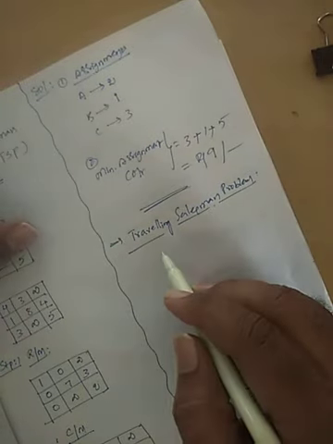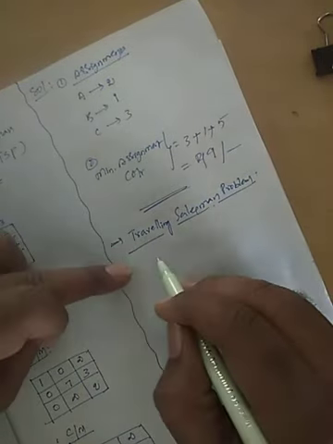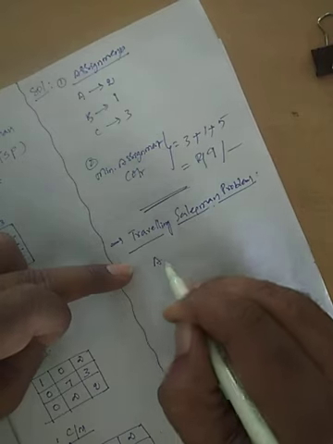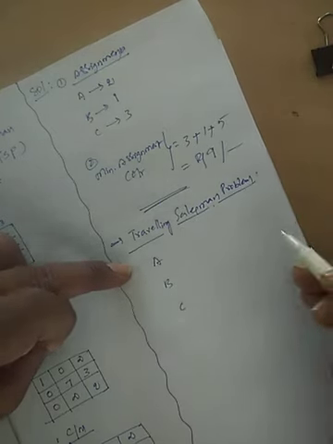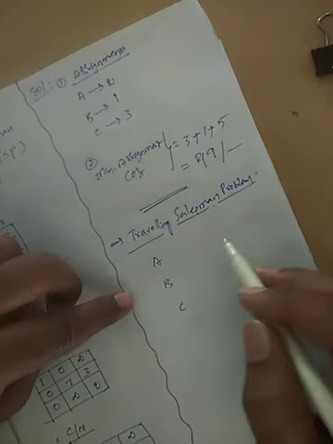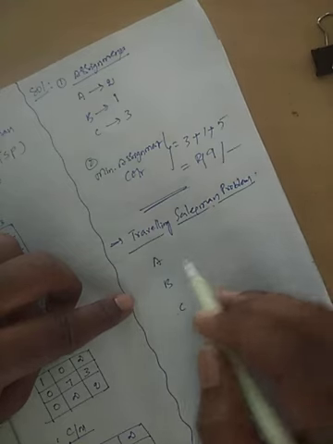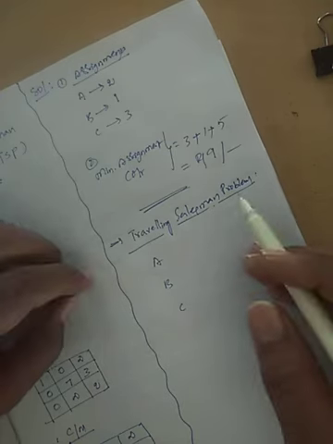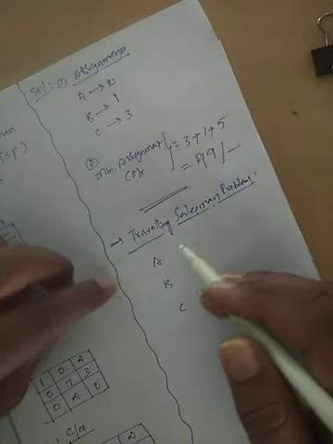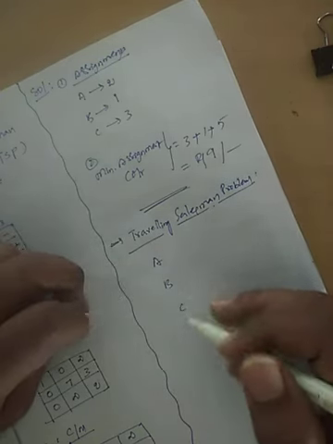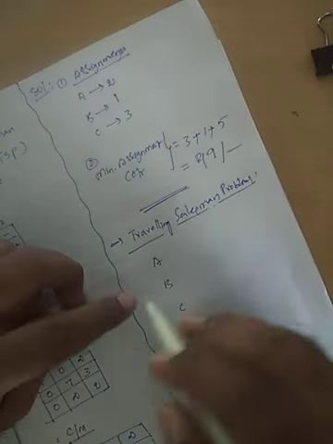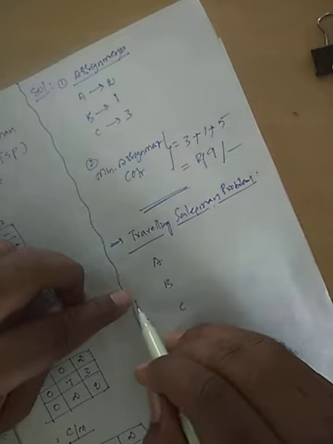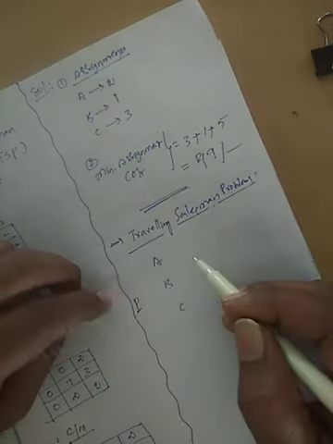Let us suppose that here three cities are there: city A, city B, city C. A person who sells some goods by touring different cities. Now here he is starting from somewhere.